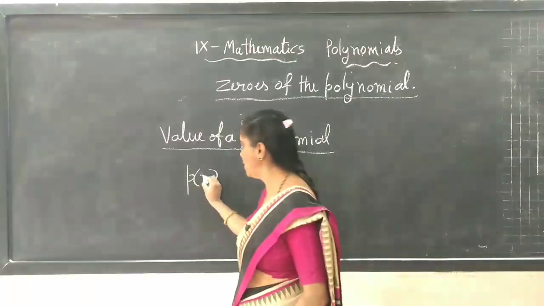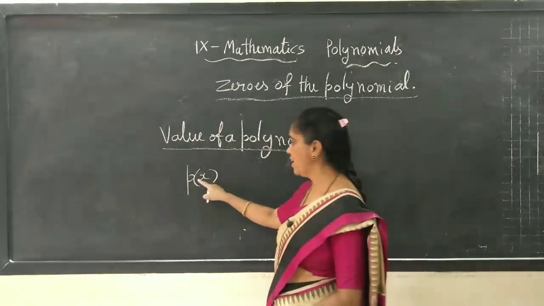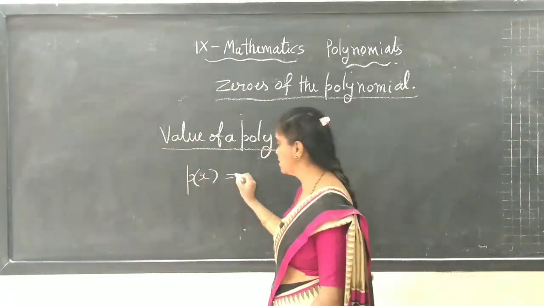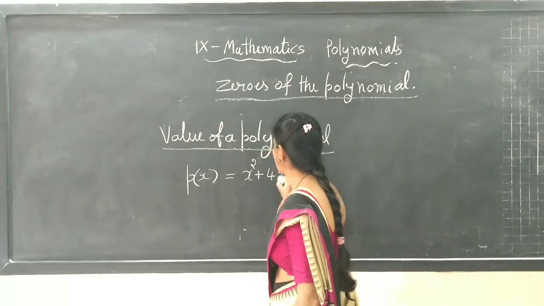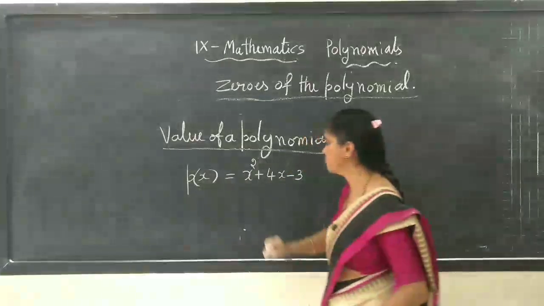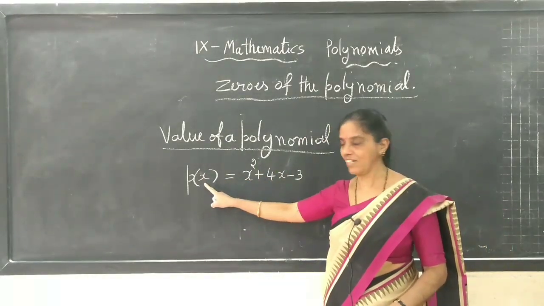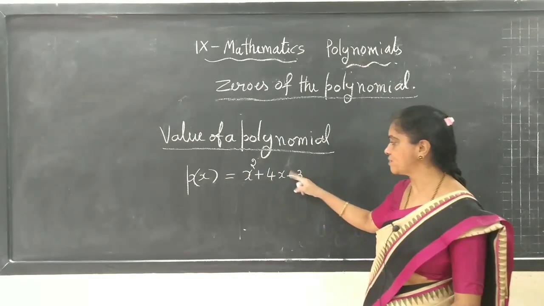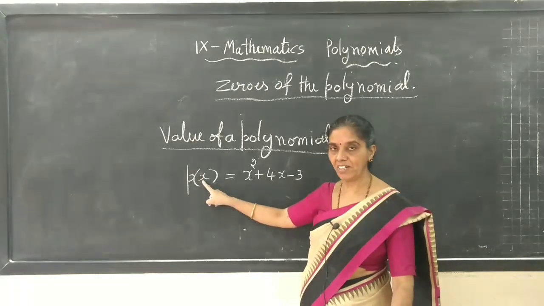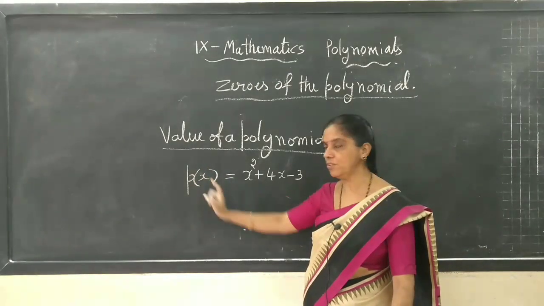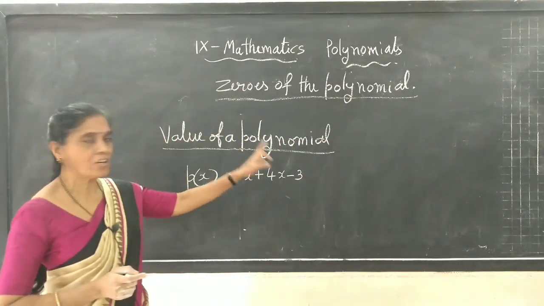Say if the variable in the polynomial is x, then we write p(x) is equal to, for example, x square plus 4x minus 3. Here the variable is x, so in the bracket we mention the variable x, and some name we give, p here.